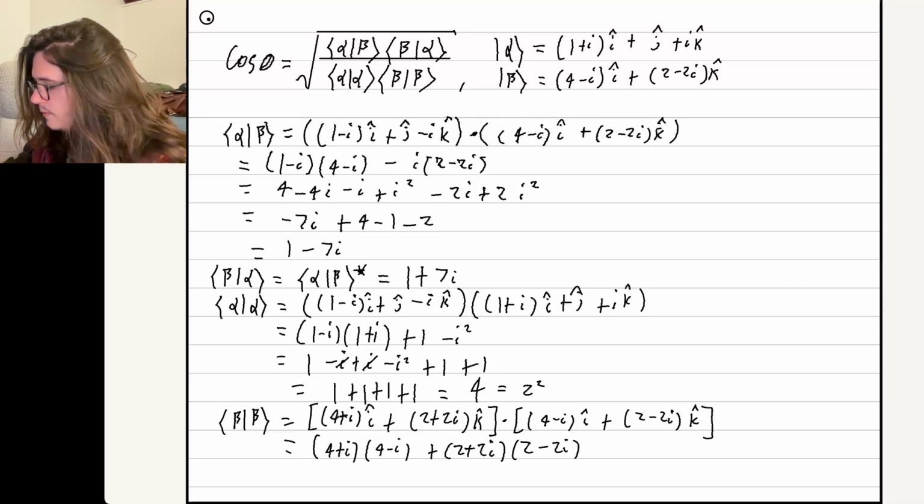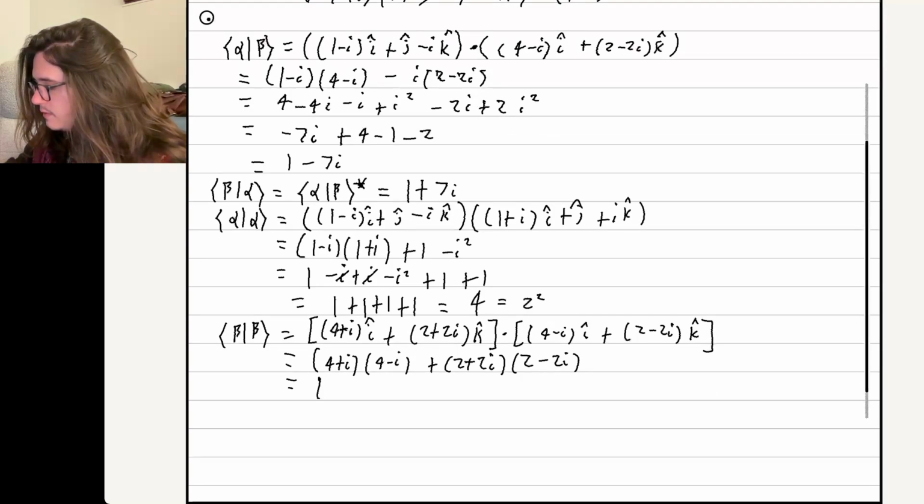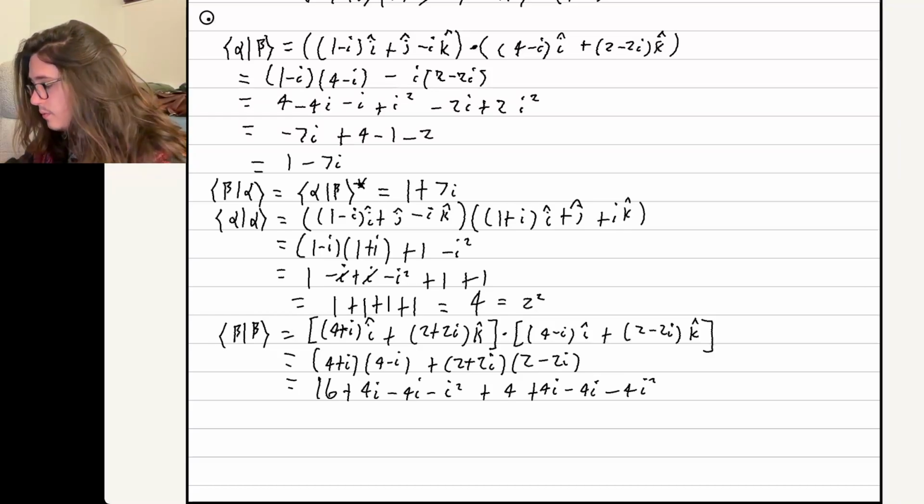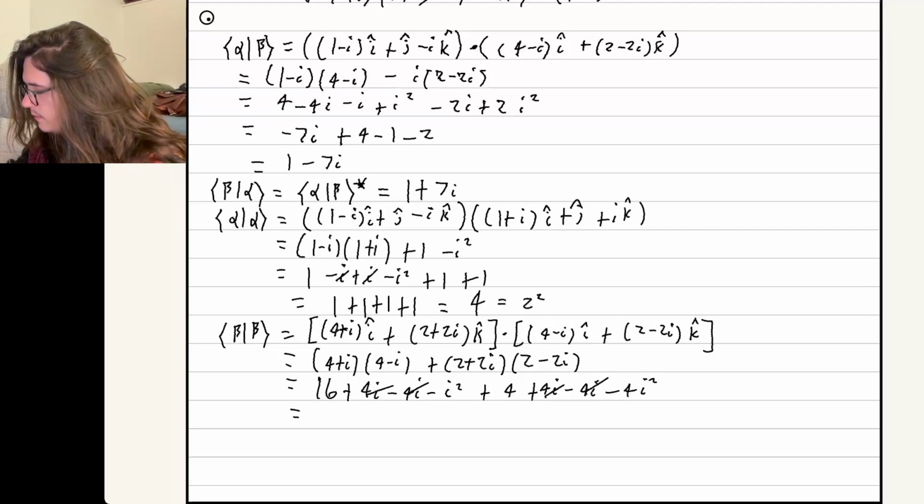So expanding these, we've got 16 plus 4i minus 4i minus i squared plus 4, plus 4i minus 4i minus 4i squared. Okay, so all of these terms with i cancel out.